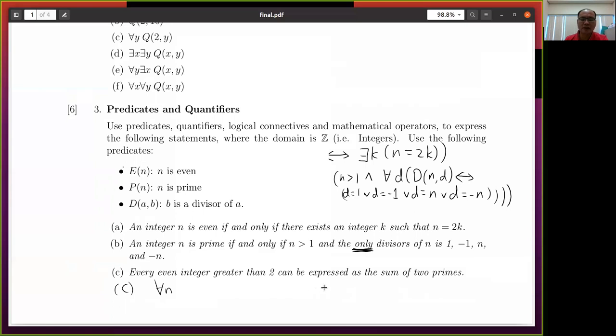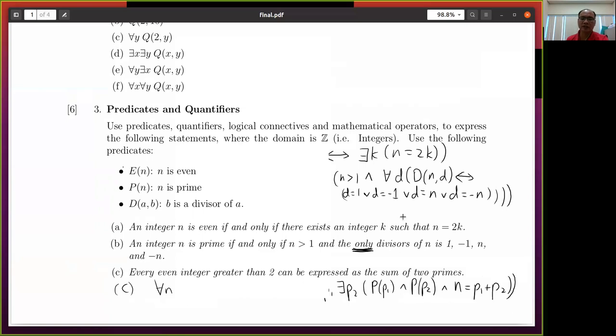So I need to say there exist 2 other numbers, call them P1 and P2, such that P1 is a prime, P2 is a prime, and n has to be P1 plus P2. Okay, it's a sum of 2 numbers, each of which is prime.